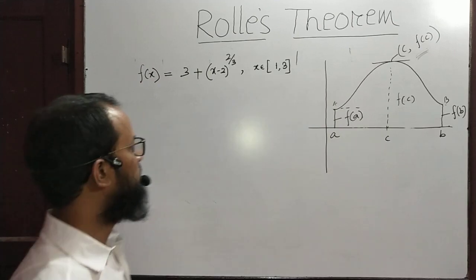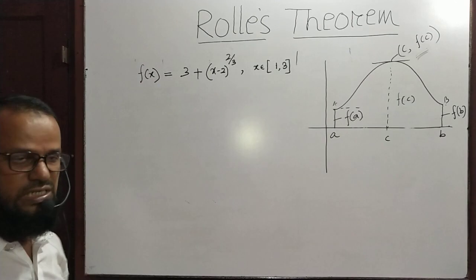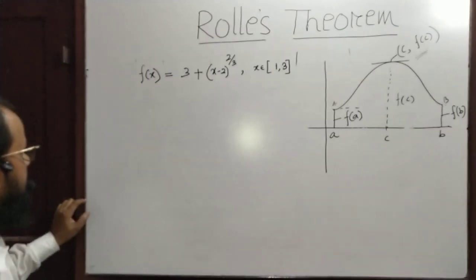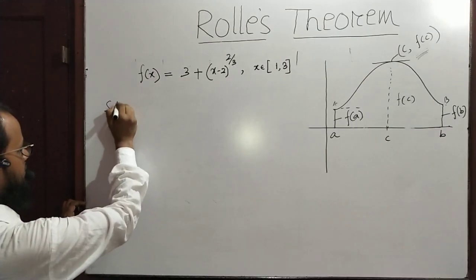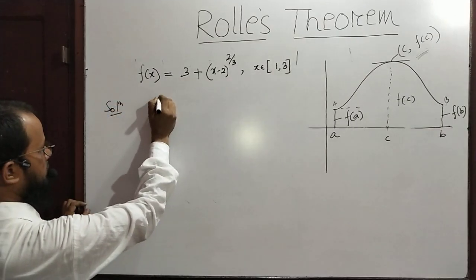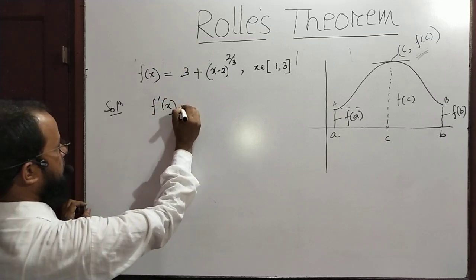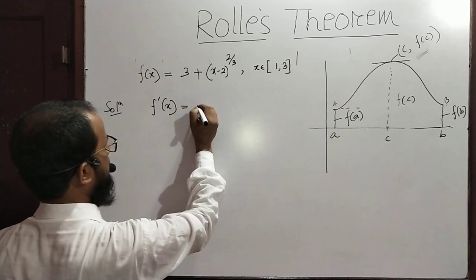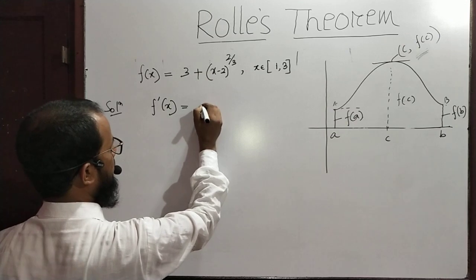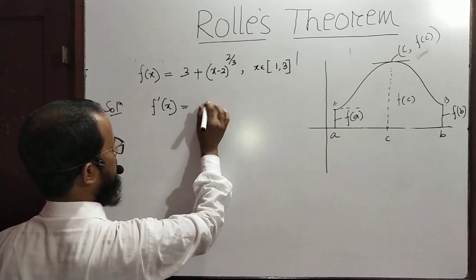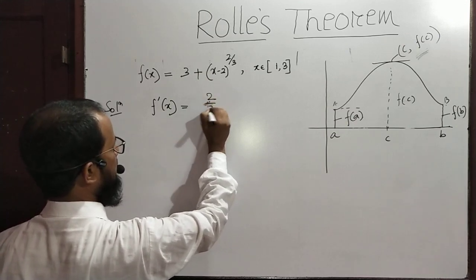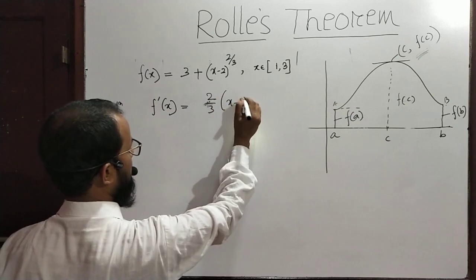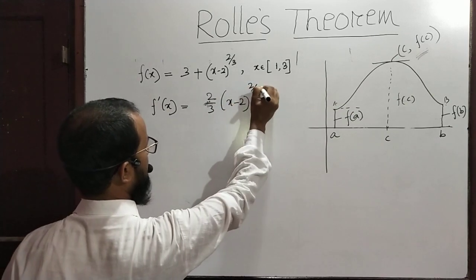You know the conditions of Rolle's theorem. First we find f'(x). It is 0 plus 2/3 times (x - 2)^(2/3 - 1).